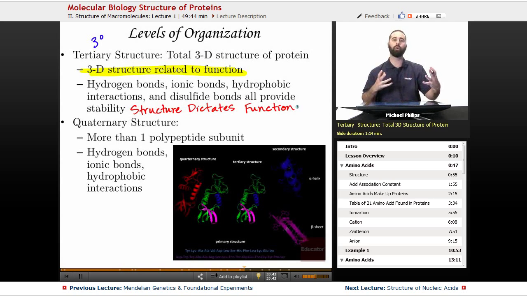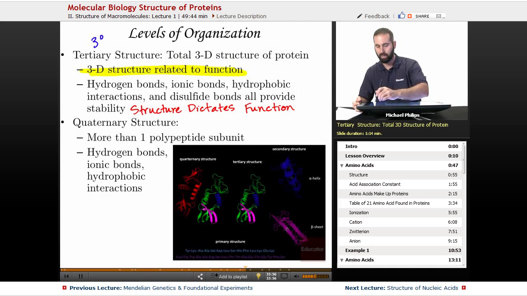So if it looks a certain way, it's probably going to perform a certain action. All right? And we're going to talk more and more about structure dictating function as we go throughout. Now, tertiary structure is stabilized by hydrogen bonds, ionic bonds, hydrophobic interactions, and our disulfide bonds.